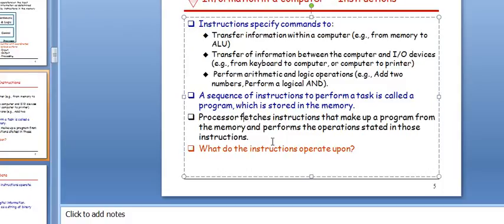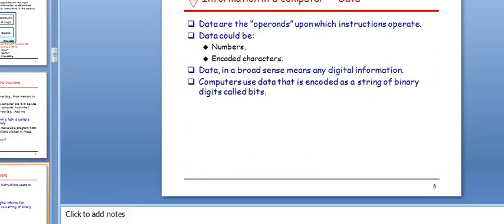And then what is an instruction? A sequence of instructions to perform a task is called a program. It is a collection of instructions, which is stored in memory. We already talked about the memory part. The processor fetches the instructions that make up a program from the memory and performs the operations stated in those instructions.